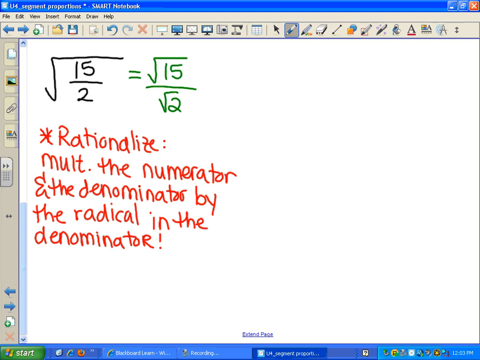So if we want to rationalize, meaning we want to get rid of the square root in the bottom, to do that we multiply the numerator and the denominator by the radical in the denominator.